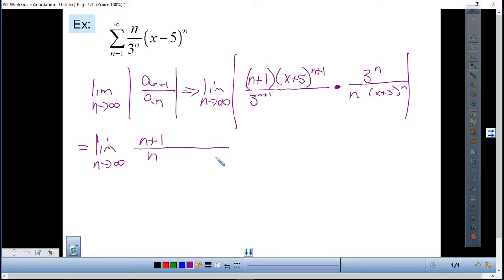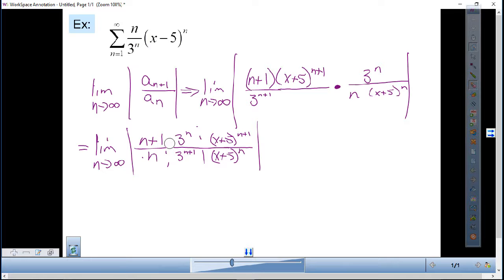And you can write this as one big fraction, or you can break it up either way. Then I'm going to do my 3 to the n over 3 to the n plus 1, and then x plus 5 to the n plus 1 on top over x plus 5 to the n power on bottom. Like I said, you can do this as one big part, still absolute value, and think about it in pieces.